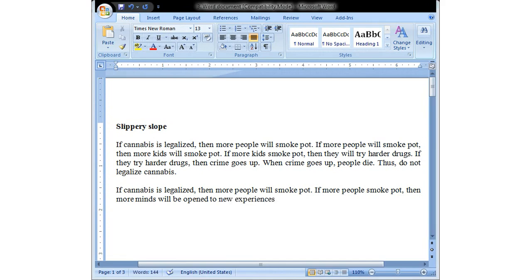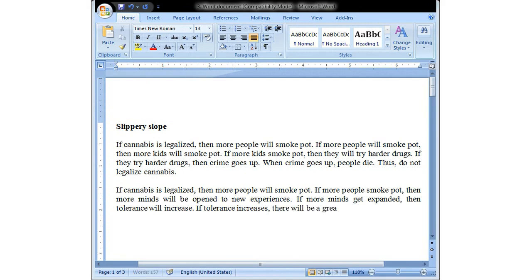And this is literally a slippery slope you could have heard from the pro-legalization camp, right? If more minds get expanded, then tolerance will increase. And if tolerance increases, crime will reduce, or there's a greater chance for world peace.